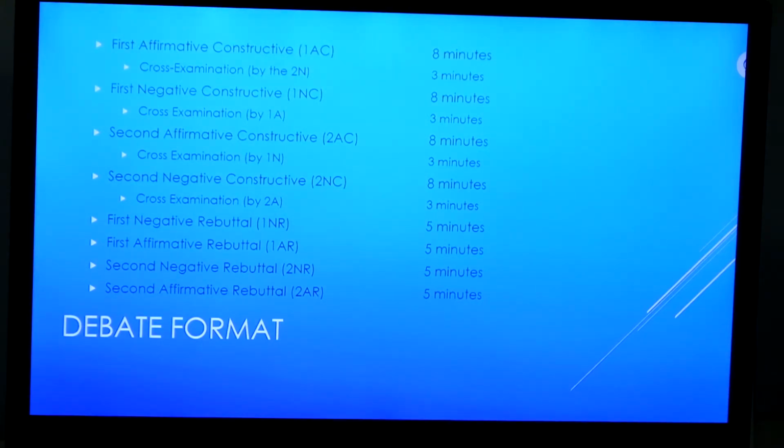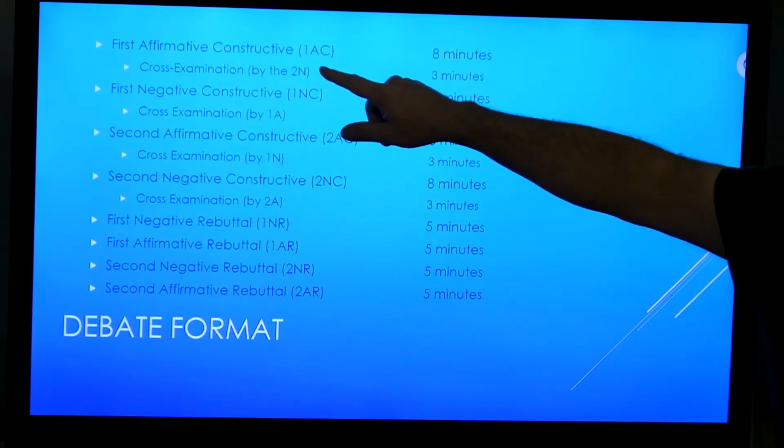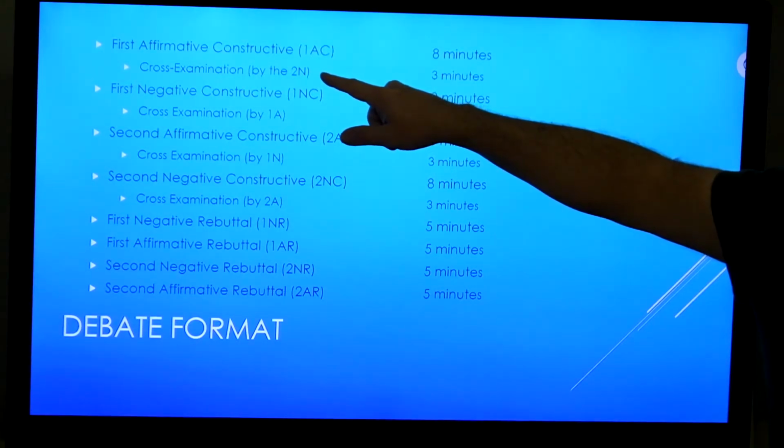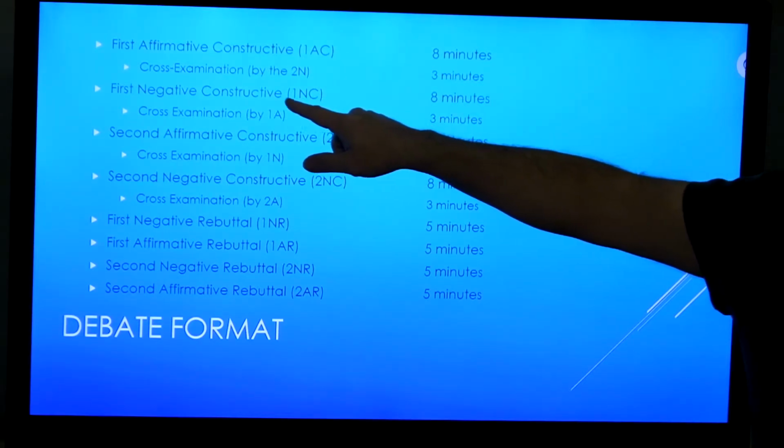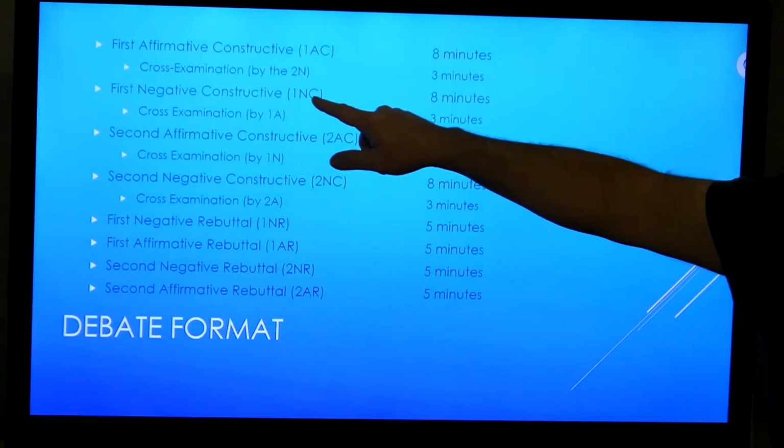Yes? So for the entire prep time for independent speech, you only have 5 minutes? Yep. Between you and your partner, you've got 5 minutes to write your speeches. So that's where some of this becomes important. This cross-examination time right here is before the next speech.